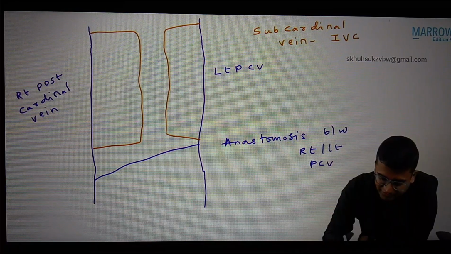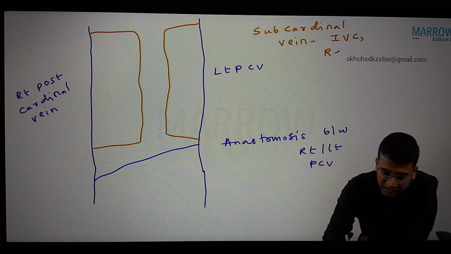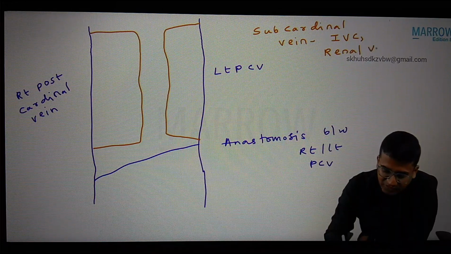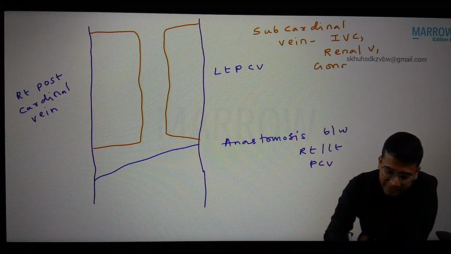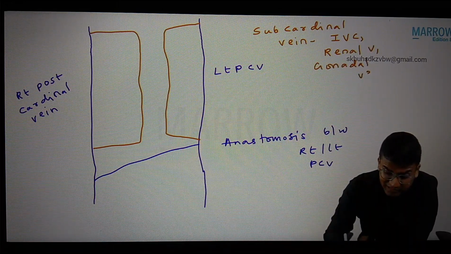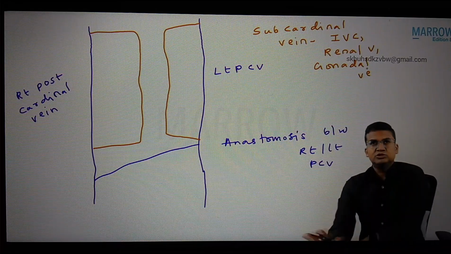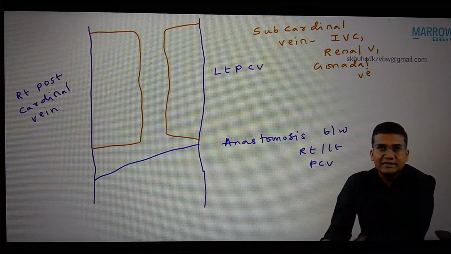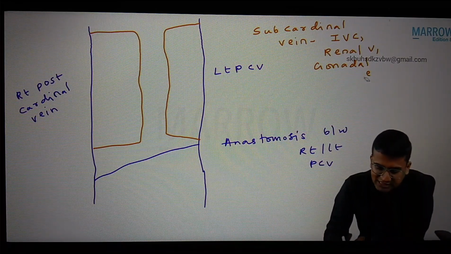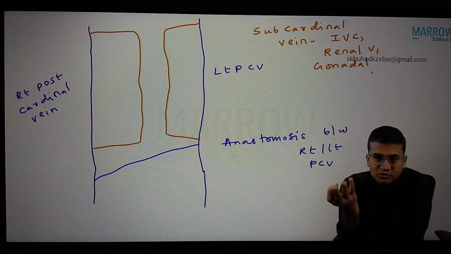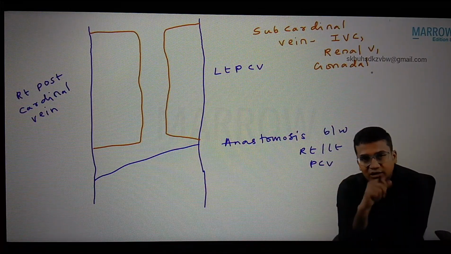It also helps in the formation of renal vein, drains the kidney. It forms the renal vein and the gonadal veins. This is very important. In the recent exams, 2021, I think, the INCT exam, we got this question. Okay. So subcardinal vein form the inferior vena cava, renal vein and the gonadal vein.